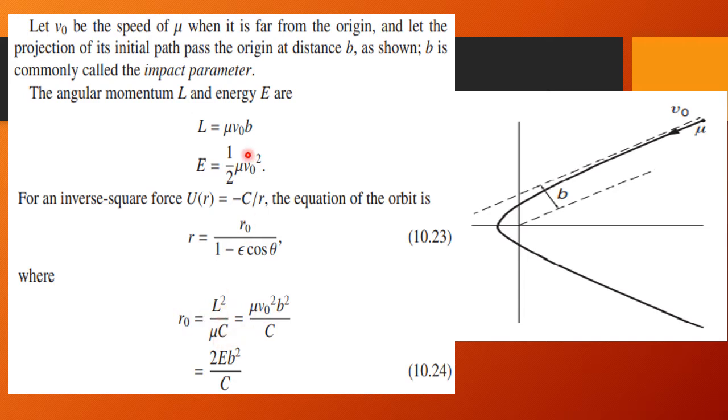On substituting L from this relation, you get L square by mu C, or r0 is equal to mu v0 square b square by C. Now we substitute mu v0 square from this relation. Mu v0 square is nothing but 2E, so you can write it like this: 2E b square by C, which is also equal to r0.